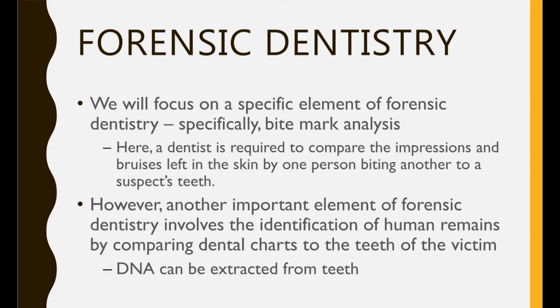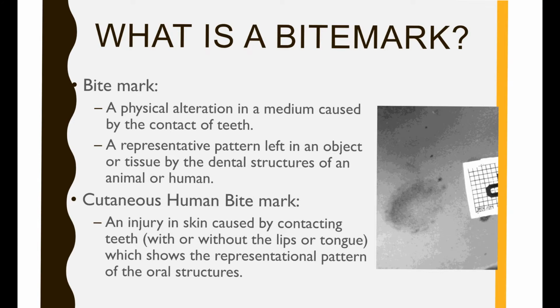There are other applications where we would use the dental charts or records of a victim's teeth to figure out who that person was. It's a way of identifying human remains. Some of the more famous cases of this kind of analysis was, for example, done on the remains that they thought were Hitler's, going off of what his dentist had recorded in terms of what his teeth looked like and what the shape of his mouth looked like.